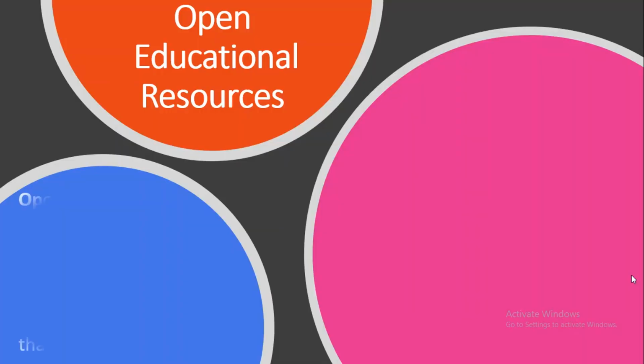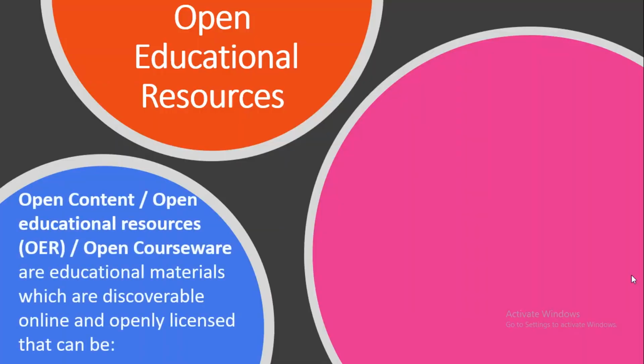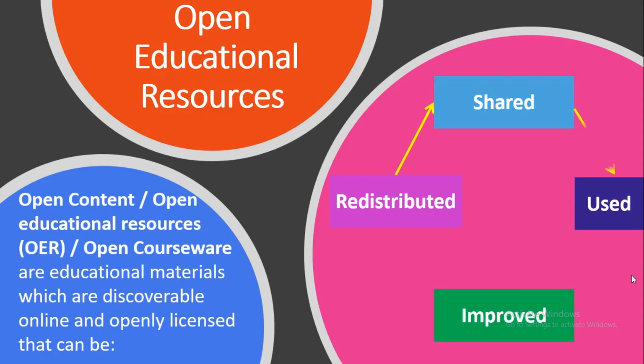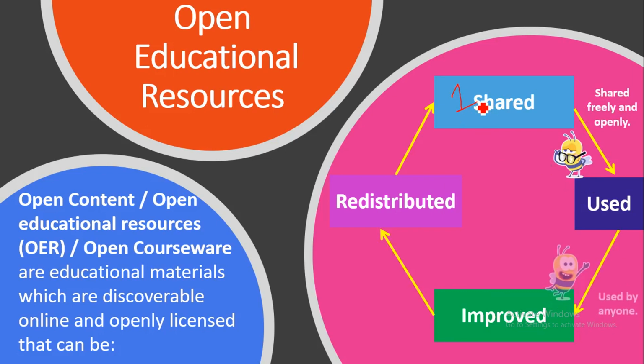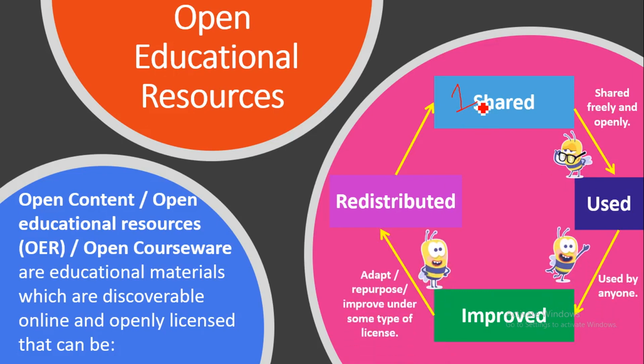So what do open educational resources mean? Open education or open content or open courseware are the education materials which are discoverable online and openly licensed, that can be shared. You have to share them. That can be used by anyone. That can be improved. You can adapt, repurpose or improve under any type of license, and you can redistribute and share them again and again.